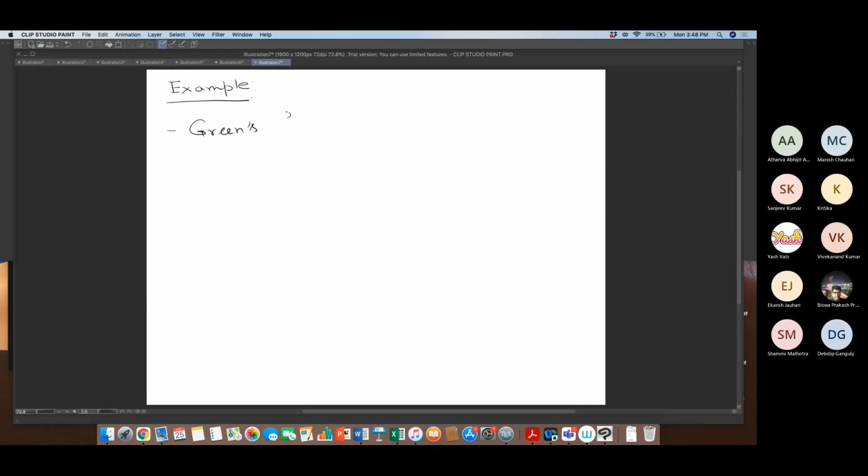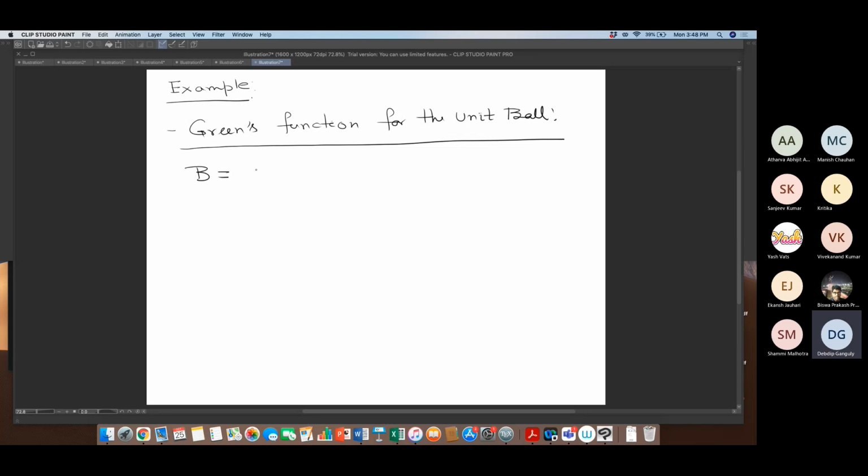Green's function for the unit ball. The ball I denote B is the set of x in Rn with norm less than 1.